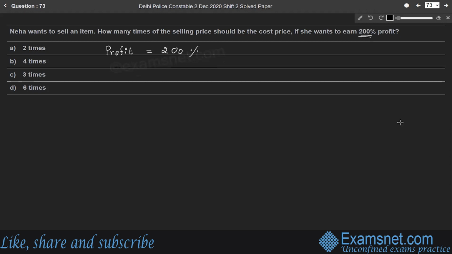Profit is 200%. And also, we know the profit percentage formula: profit percentage is equal to (selling price minus cost price) divided by cost price, into 100, right? So if profit percentage is 200, then 200 is equal to (selling price minus cost price) into 100 divided by cost price.